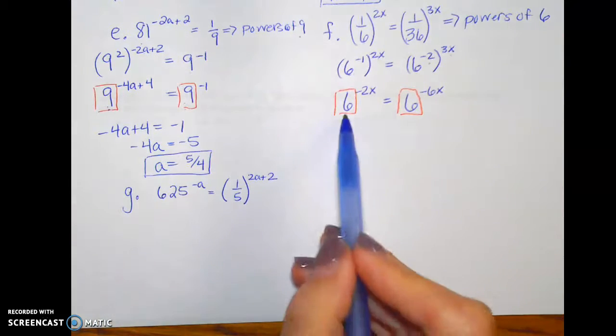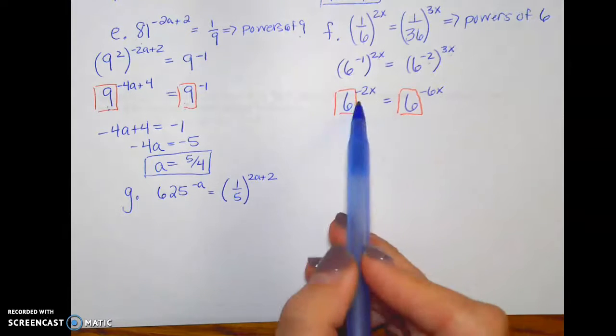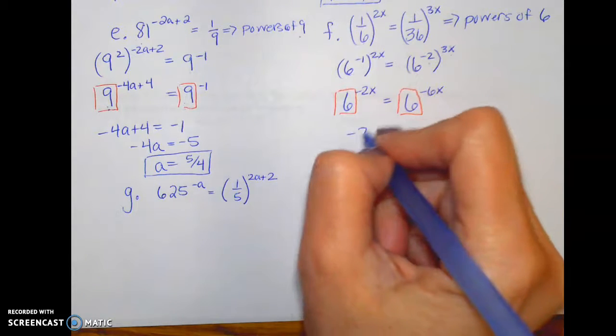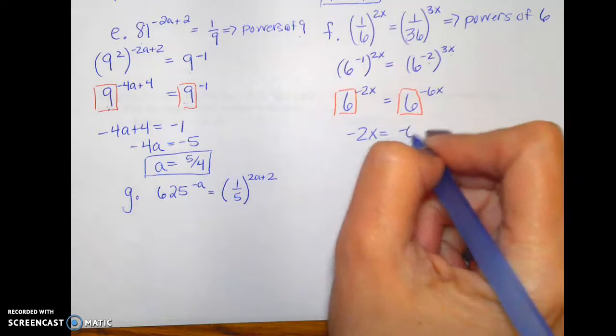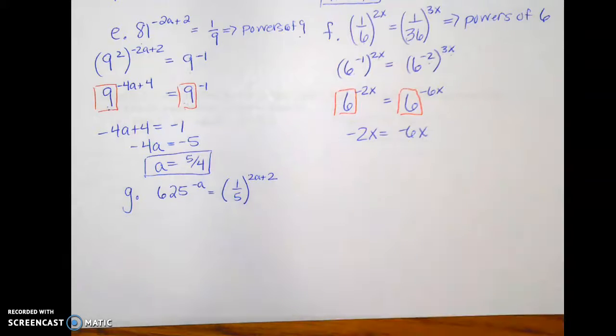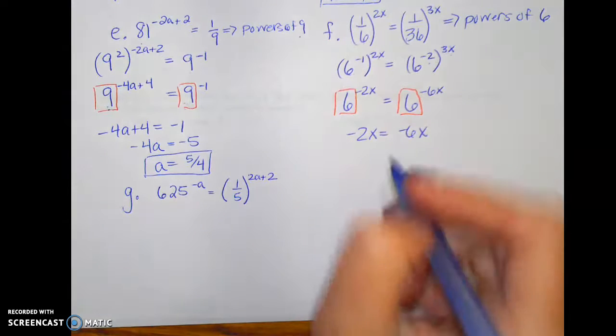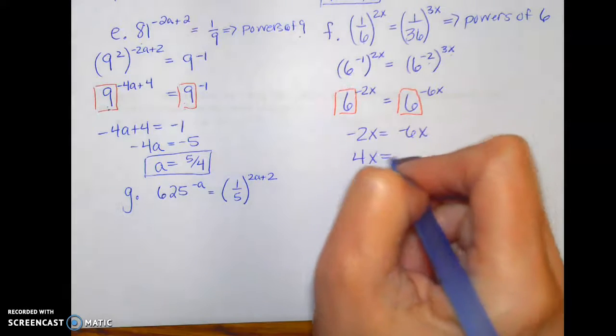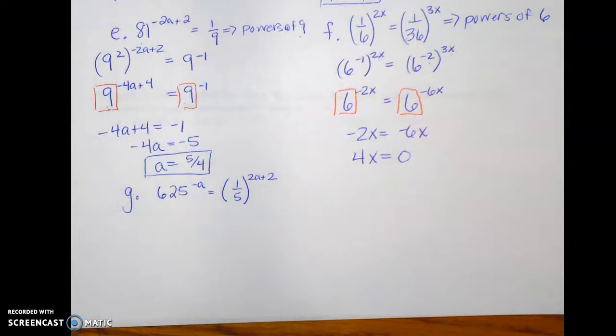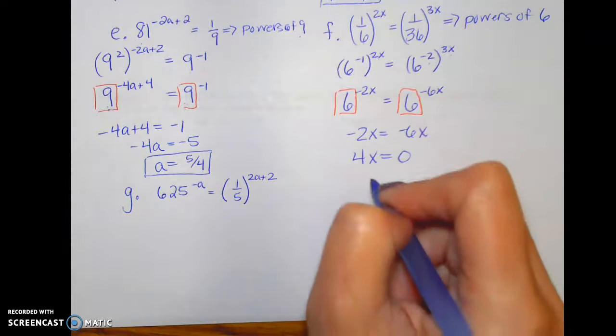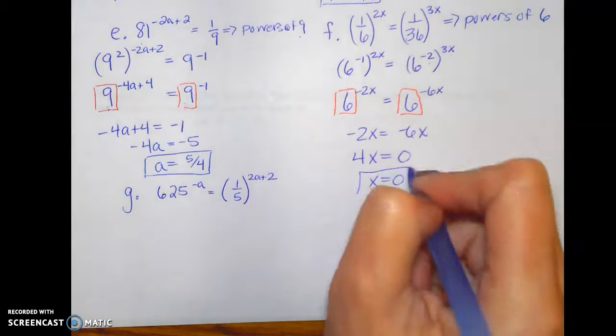Now the 6's disappear, and we can just use our exponents now. So we have negative 2x equals negative 6x. We can add 6x to both sides. That gives us 4x equals 0. Divide both sides by 4, and our answer is x equals 0 for that one.